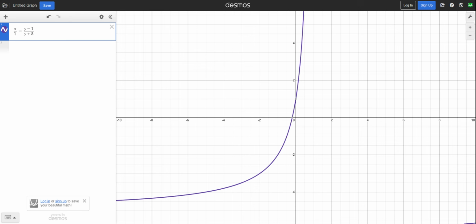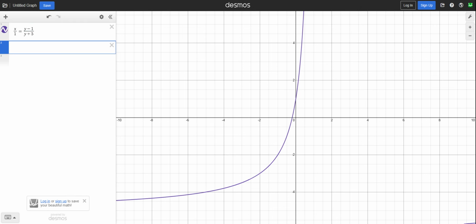Now, when you have a fraction equal to a fraction, you can what's called cross multiply. So I take the numerator x times the denominator y plus 5. And I take the denominator 1 times the numerator, y minus 1.